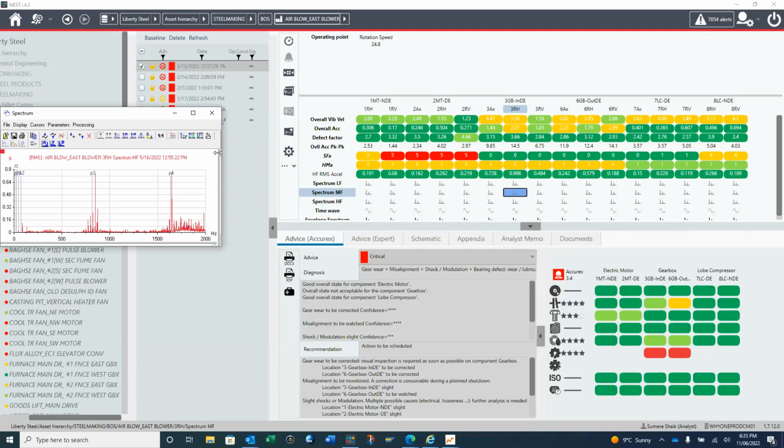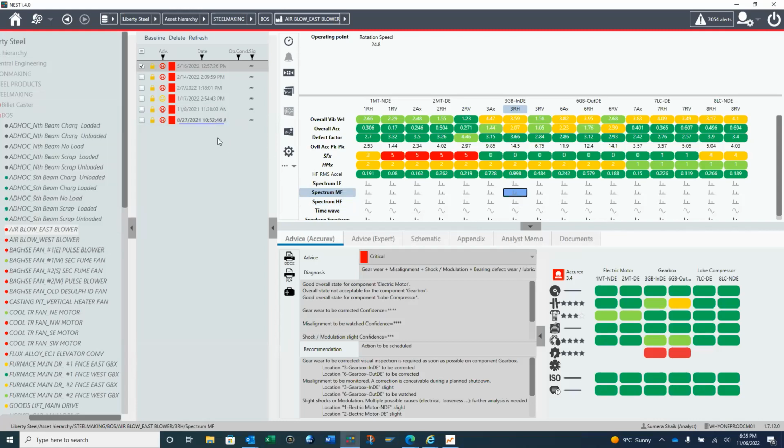How many months do you have data? We got 1, 2, 3, 4, 5, 6 months. You can trend that one. Yes, we can trend that now. Because if your trending shows there's no changes, then there's no problem. See? 3D, and then we can do it.